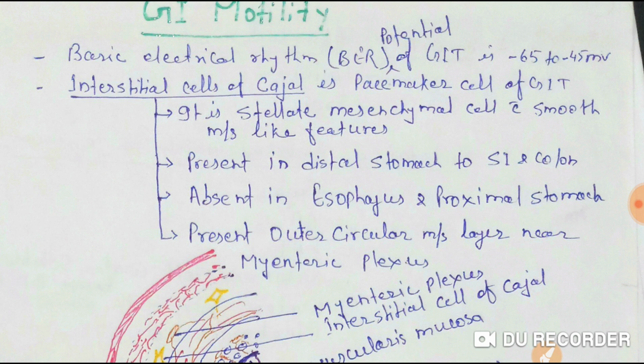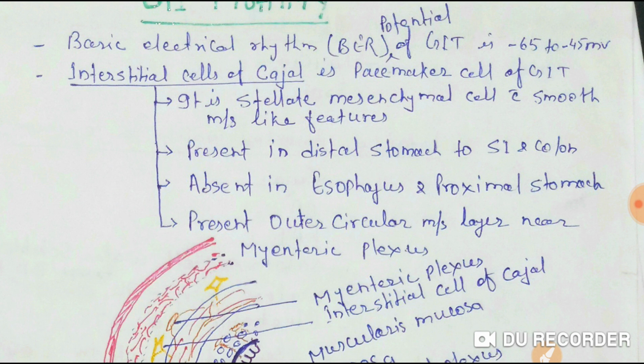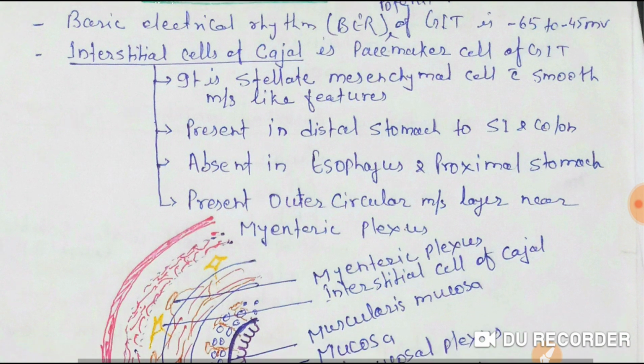This is situated from the distal stomach to the small intestine and colon. That means it is at the distal part of the stomach, to the small intestine and colon. It is a stellate mesenchymal cell with smooth muscle like features.